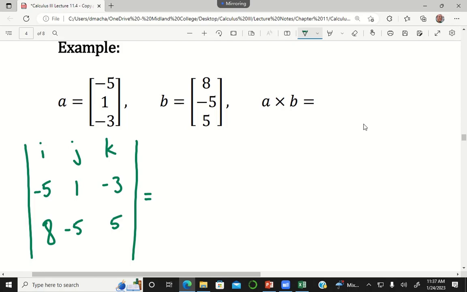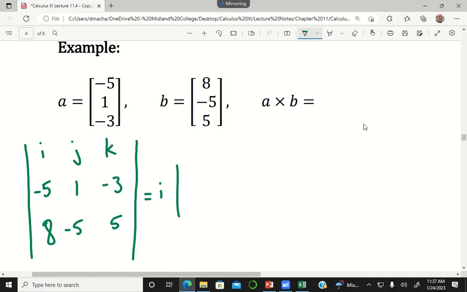Does it matter if you put negative 3, 1, and negative 5, like reverse the row? Yeah, I think so. I'm almost certain yes. We're going to talk about this in a minute.